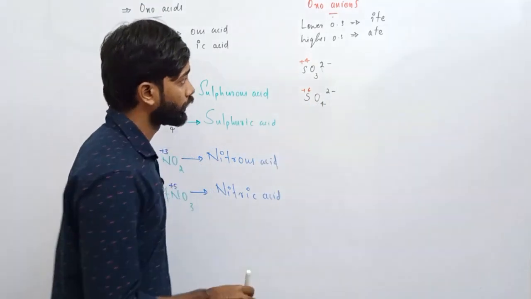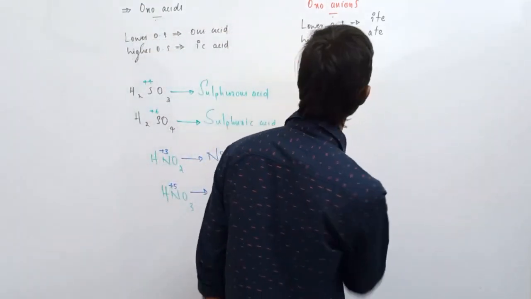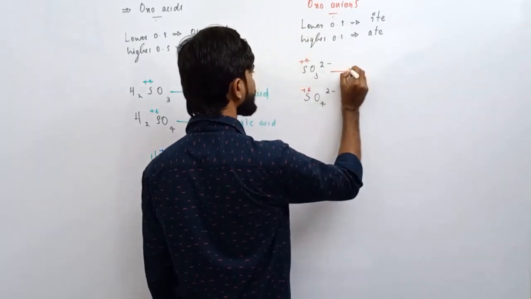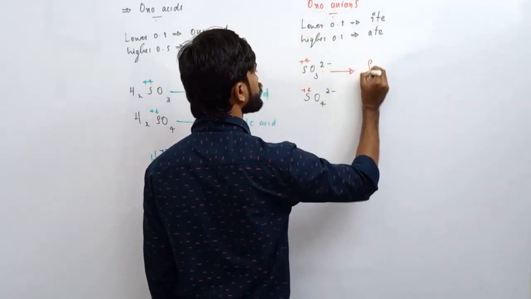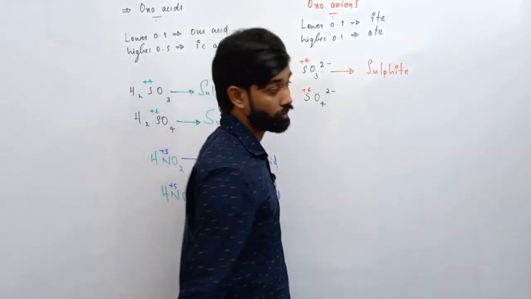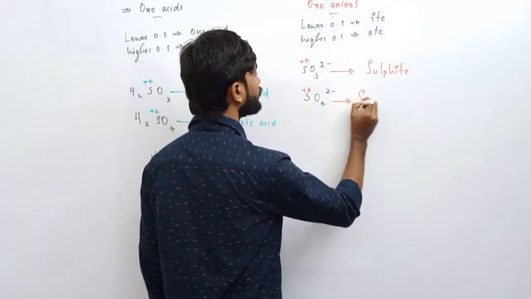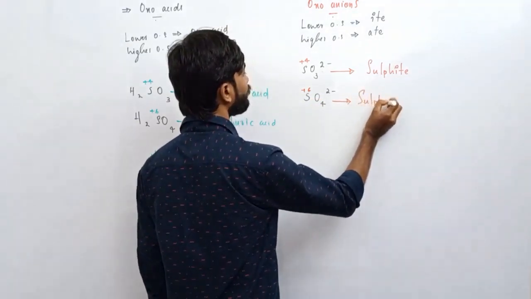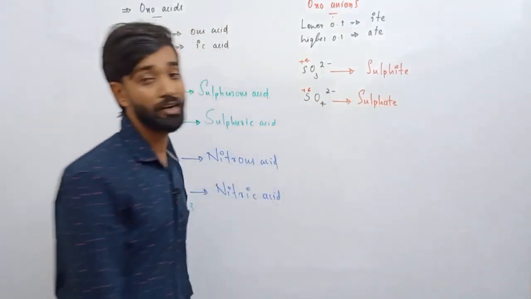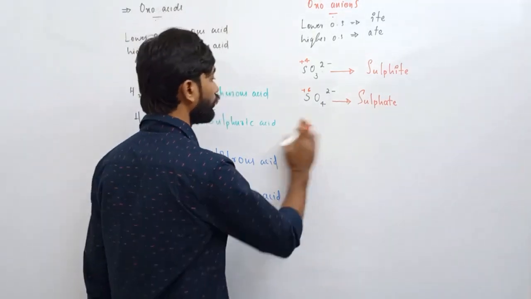But the name has some change. The acid ended with "ous", but now it is a lower oxidation state anion, so this one will be sulfite ion. You know the common term. And this may be sulfate ion. Sulfite ion and sulfate ion.